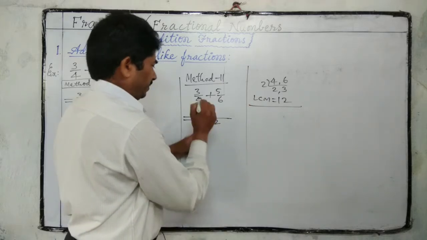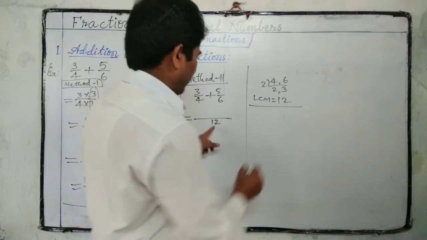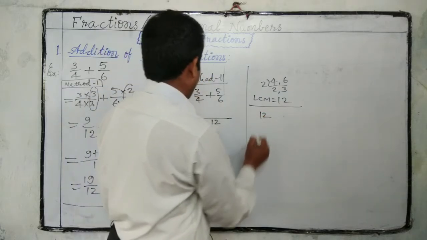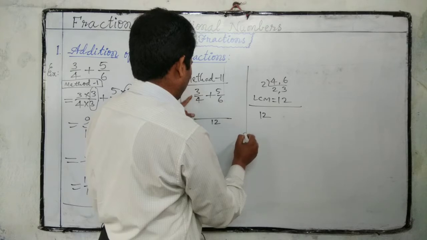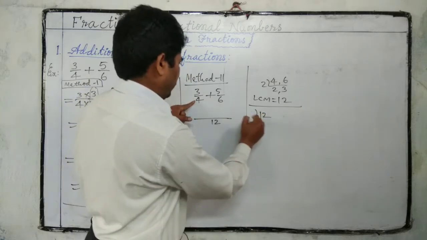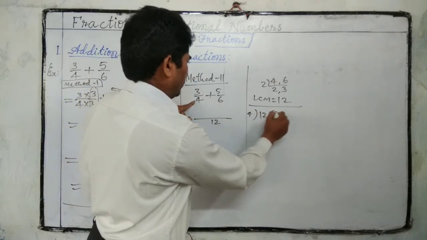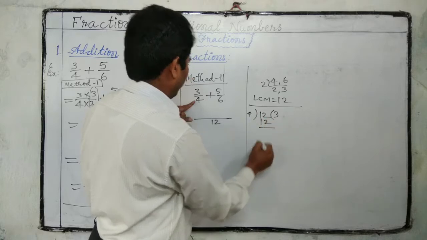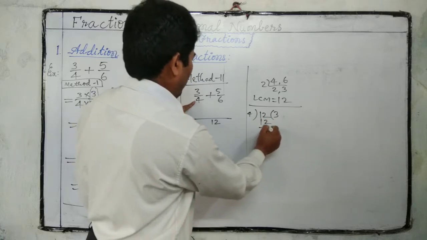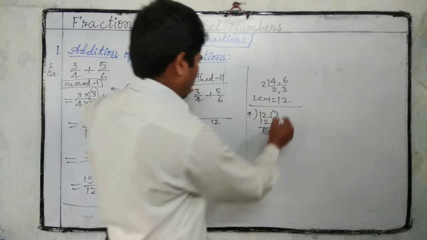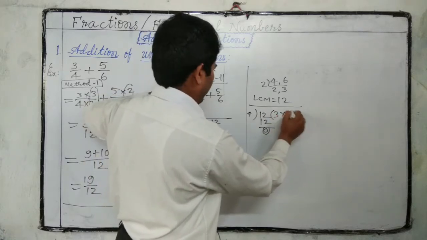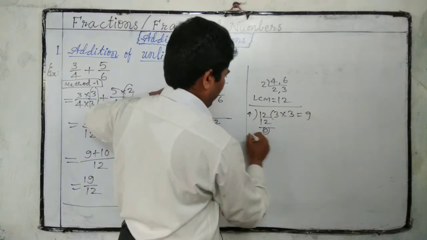as denominator and divide this denominator with the denominator of the first fraction. 4 3s are 12, and multiply with this numerator. 3 3s are 9.